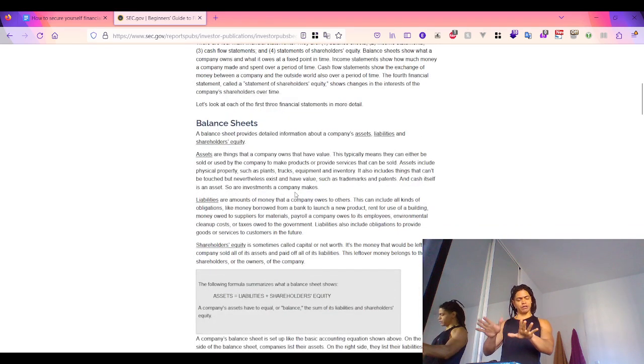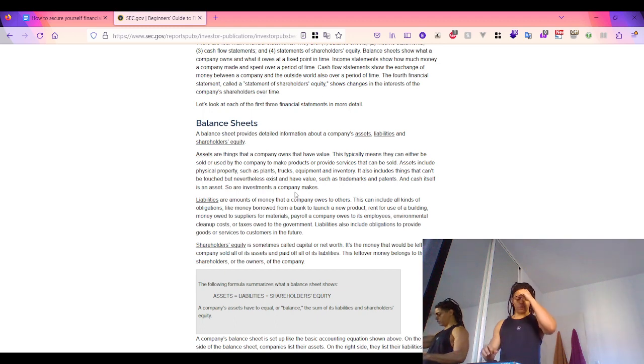So the TLDR of the balance sheet is that it's just a snapshot of the company's assets, liabilities, and shareholders' equity, where assets are anything that a company owns that has value, whether physical or intangible. Liabilities are obligations that a company has to pay in the short term and the long term.